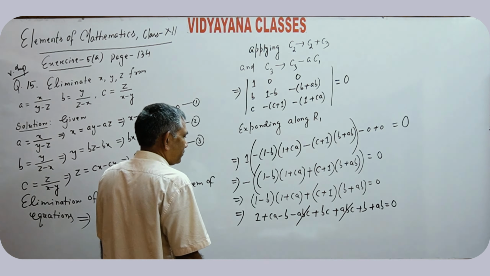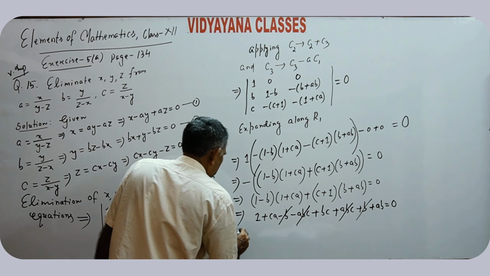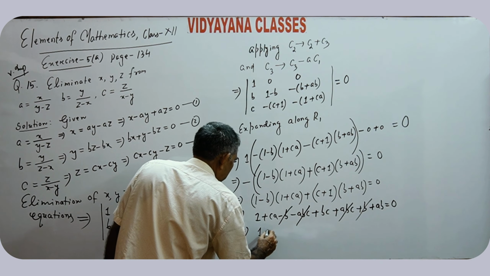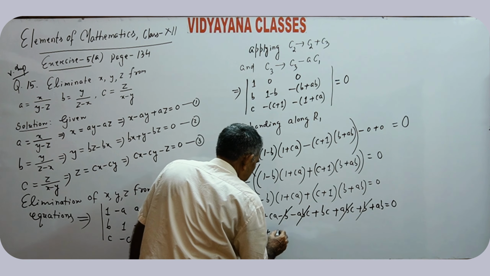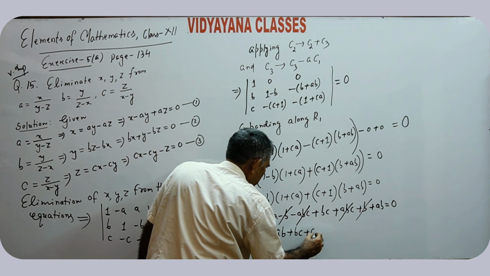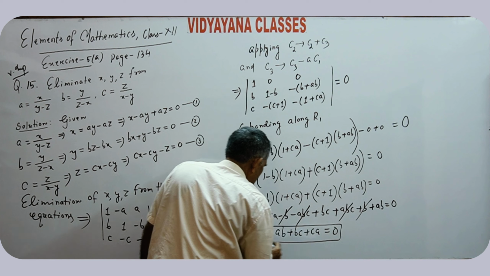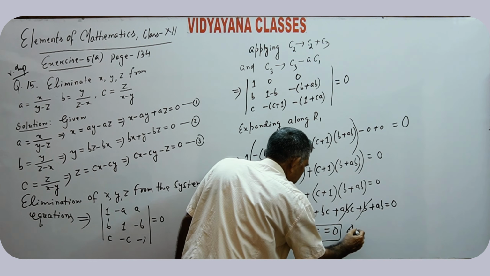ABC cancel, BB cancel, it gives 1 plus AB plus of BC plus of CA is equal to 0. Is the answer.